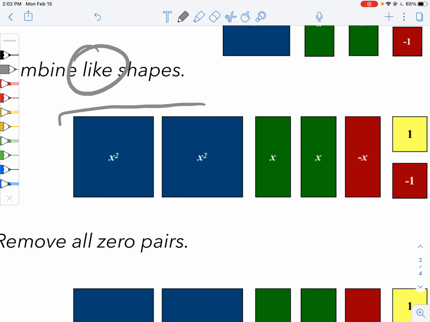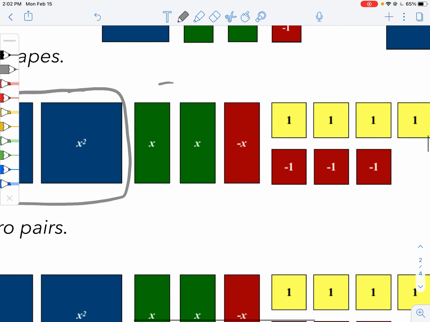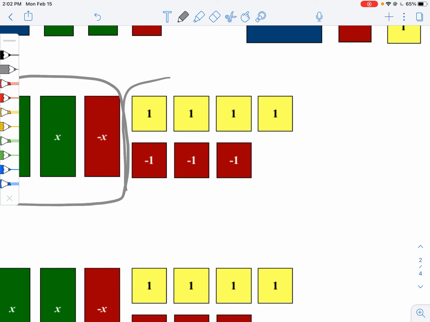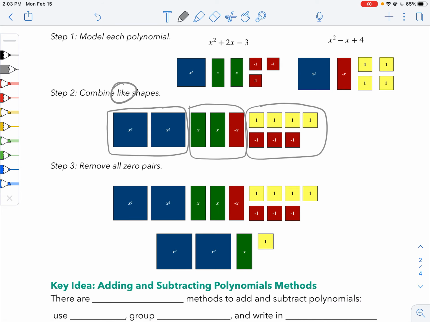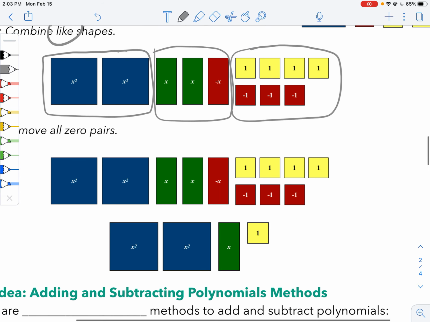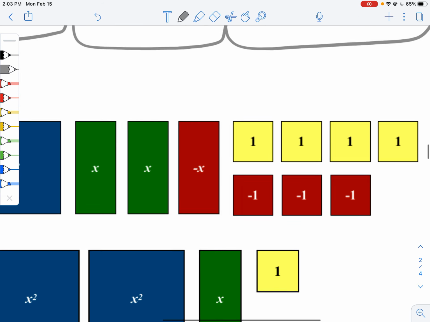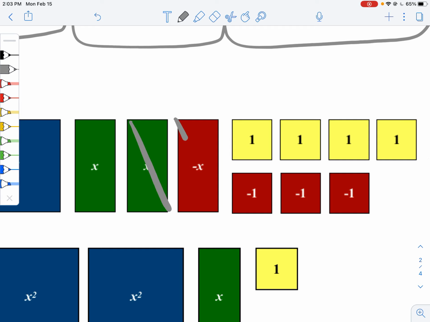So I've got all my x squareds together, all my x's together, and all of my 1's together. Now I'm going to see what cancels out. I've got an x and a minus x.